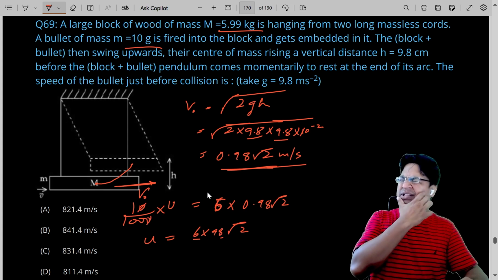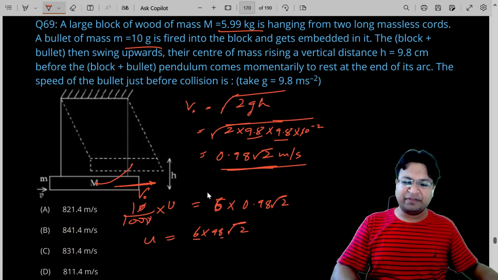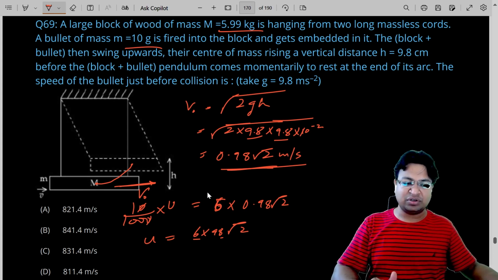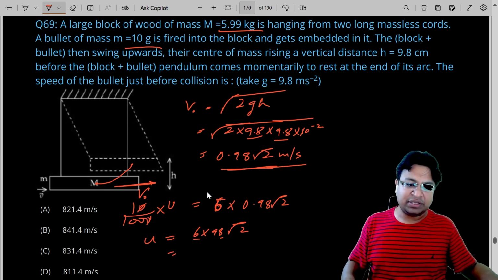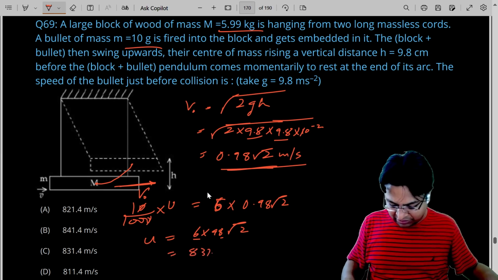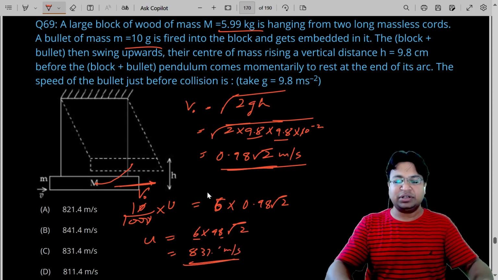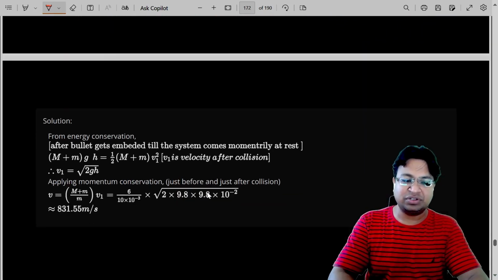It's 600 minus 12, 588. 588 into root 2, that is 1.4 times. Oh, the values are very close. So we should actually go with the proper calculation. And when we do, we get 9831 as the answer. I did the calculation separately to save time here. But when you finish this calculation, 831 is what you're going to get. So option C should be the right answer. The options were very close in this one.